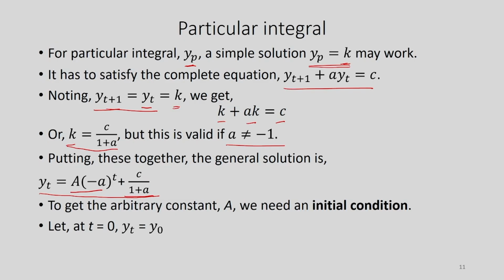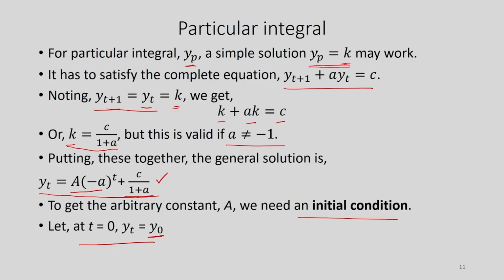Now, we do not know the capital A. To find that out, we need an initial condition. So, suppose the initial condition is this, that at t is equal to 0, y t is equal to y 0. So, I use this information in this equation here. If I do that, think about what will be the outcome of that. On the left hand side, I am going to get y 0, I am putting t is equal to 0, alright.